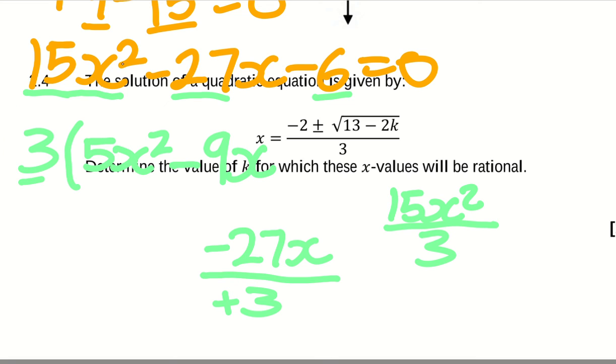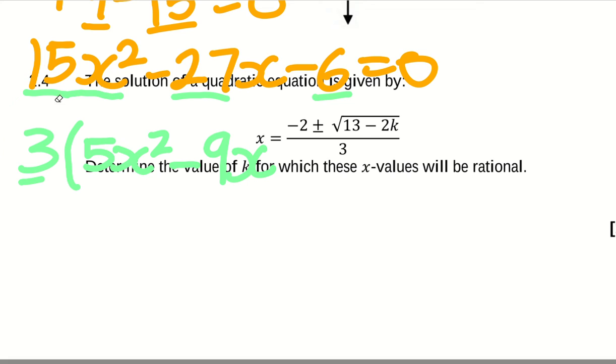So it will be negative 9x. Then lastly, we have our negative 6. Obviously 3 into 6 goes in twice, but since it's negative 6, it's going to be negative 2. So you do the same thing: negative 6 divided by 3. Negative divided by positive is negative, like I wrote here. Then 3 into 6 goes in 2 times, so it's negative 2. Simple as that.